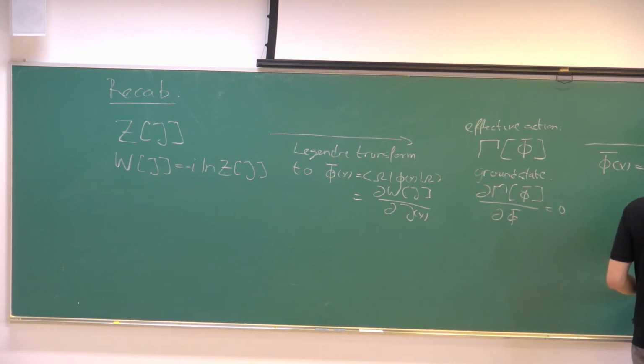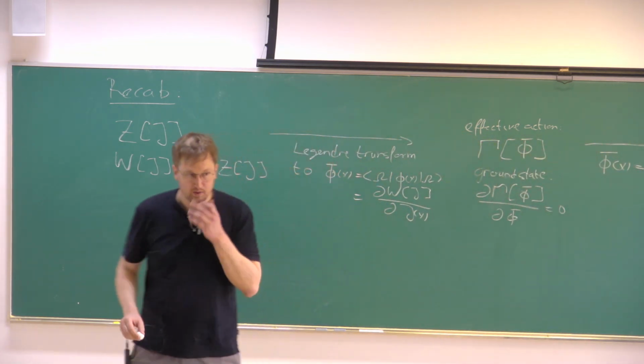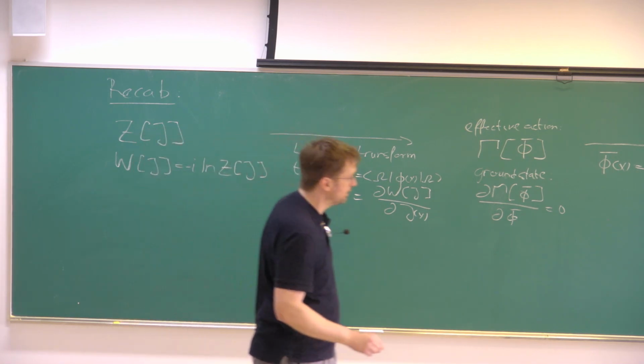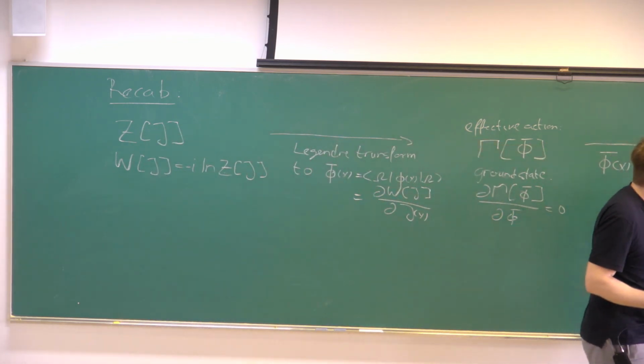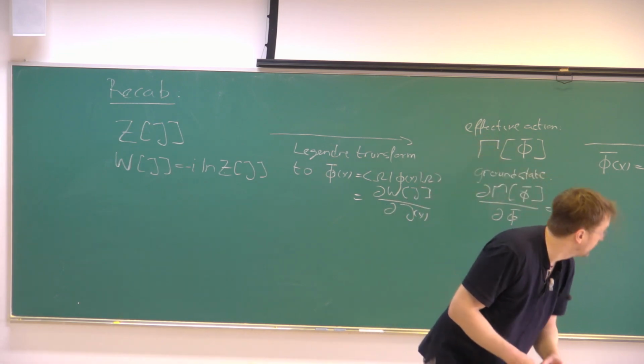And the ground state is again given by the minimum of this effective potential. So these are the stable ground states.